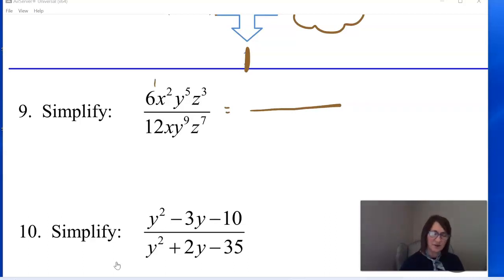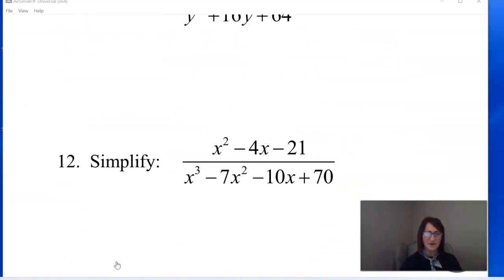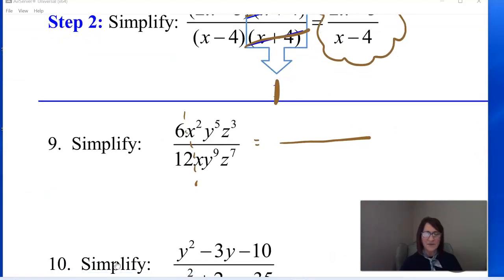And I'm just going to first look at 6 over 12. I can think of this 12 as 2 times 6. So the 6's reduce, and so I'm left with 1 over 2.